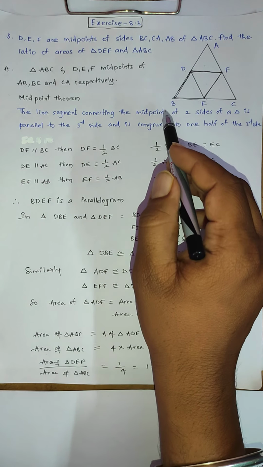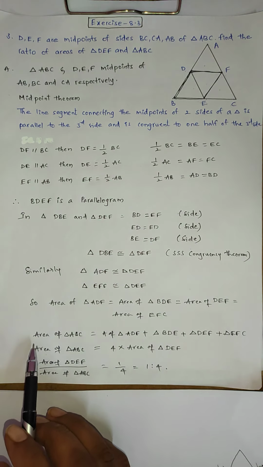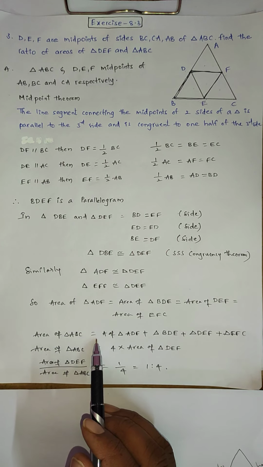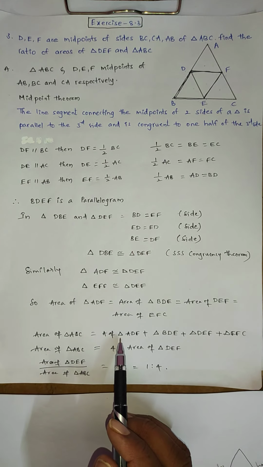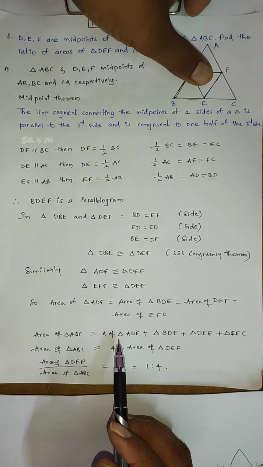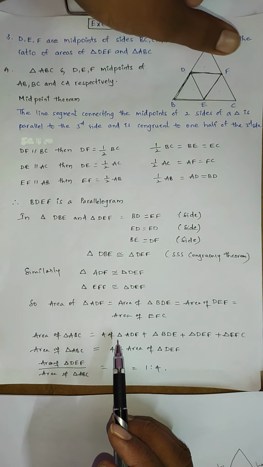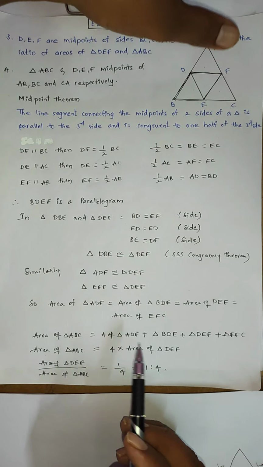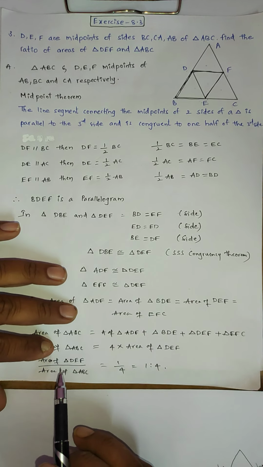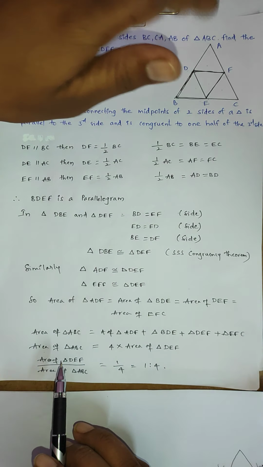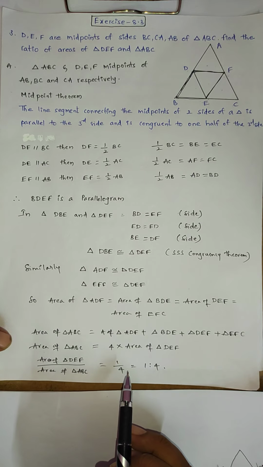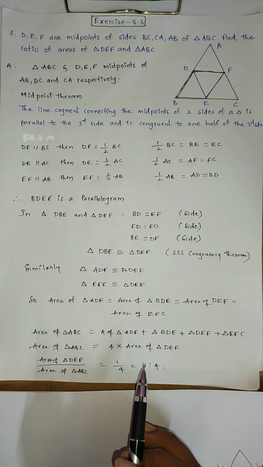Now, area of triangle ABC is equal to area of first triangle, second triangle, third triangle, fourth triangle. All four triangles' areas are the same. This is one triangle area. ABC, the biggest area, is equal to the area of four triangles.